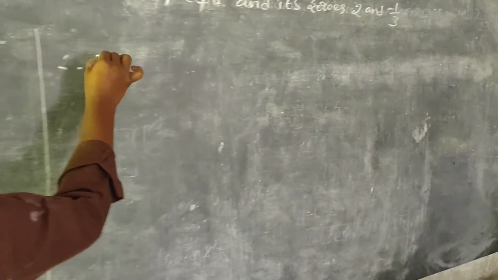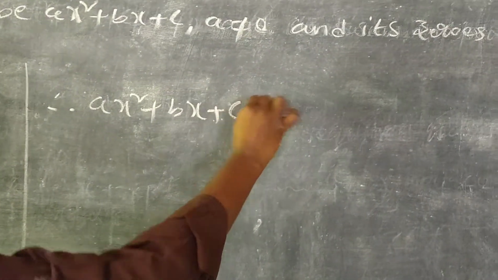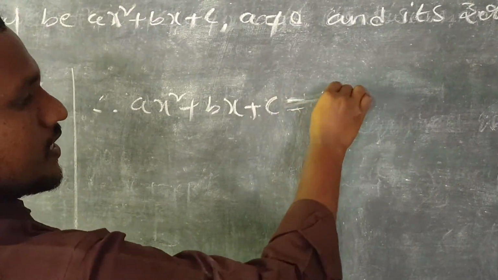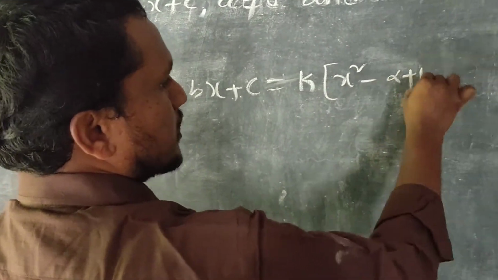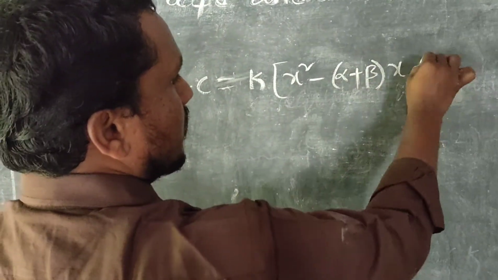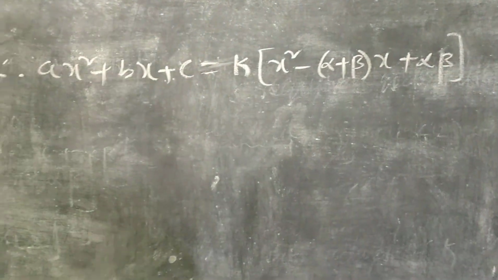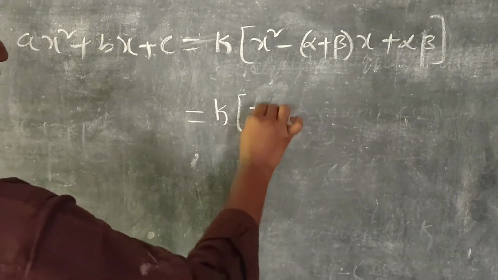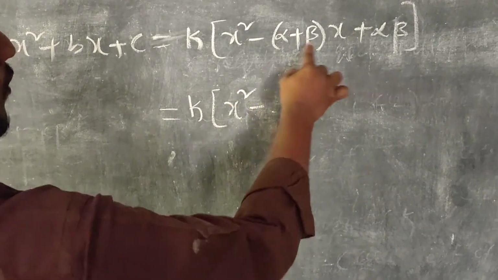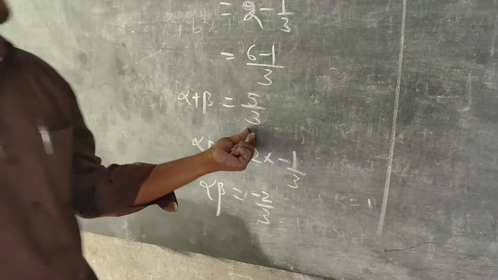So ax square plus bx plus c is equal to, what is the condition? k into x square minus (alpha plus beta) into x plus alpha beta, where k is a constant. Alpha plus beta is 5 by 3.